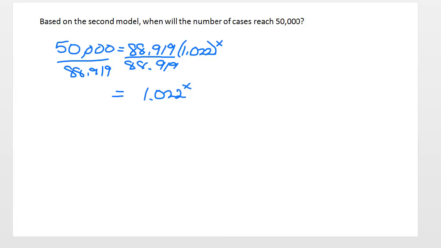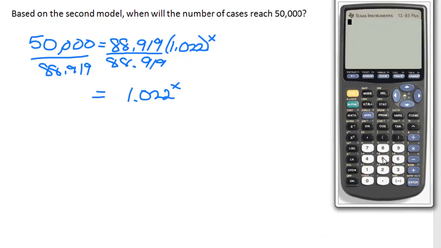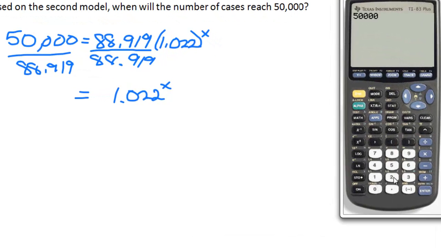So we'll pull the calculator up, and we have 50,000 divided by 88.919. We won't clear that, we'll just leave it in the calculator.